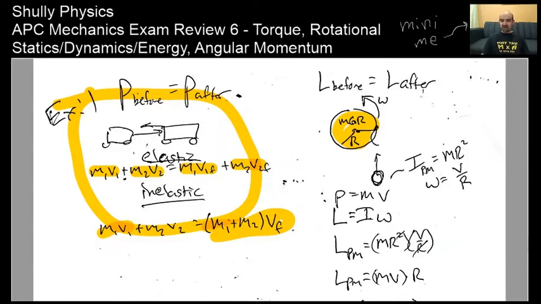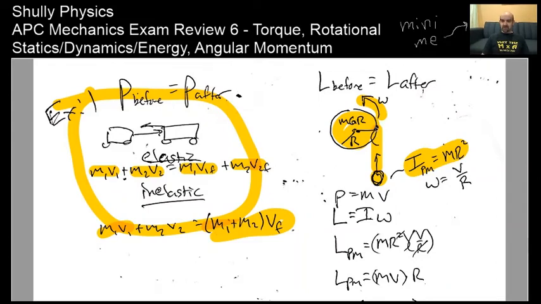Now there's going to be an object jumping onto the merry-go-round. I kind of gave a hint to that before. What will be the final angular momentum? So here's a good problem. It involves the angular momentum of the disk and the angular momentum of this moving point mass. So the point mass has a rotational inertia of mr squared.